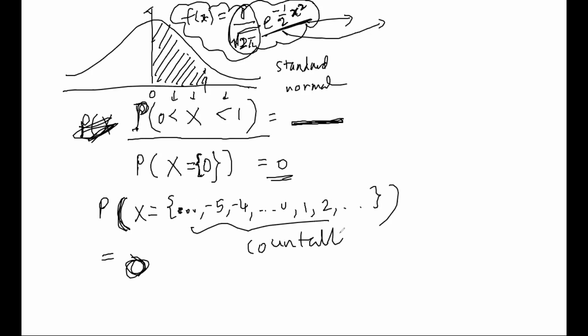And it turns out that the Lebesgue measure of a countable set is actually 0, right? Just like the previous example that you saw, the Lebesgue measure for a singleton is 0. So your countable set is actually the union of many singletons, right? And they are all disjoint, okay?